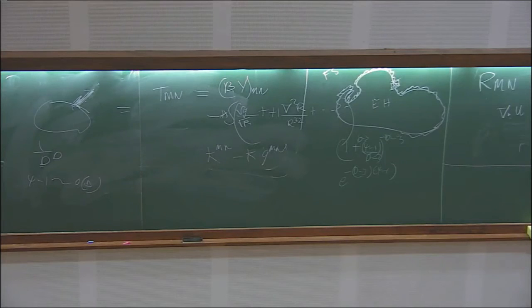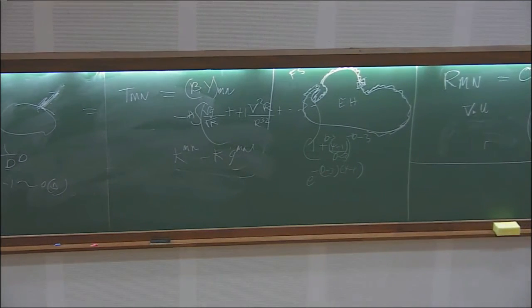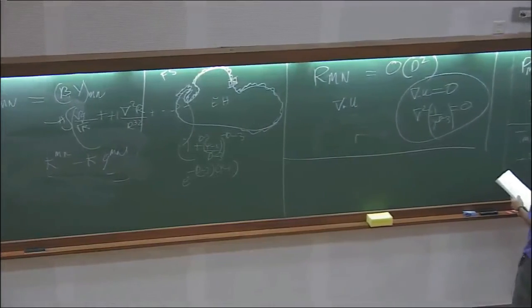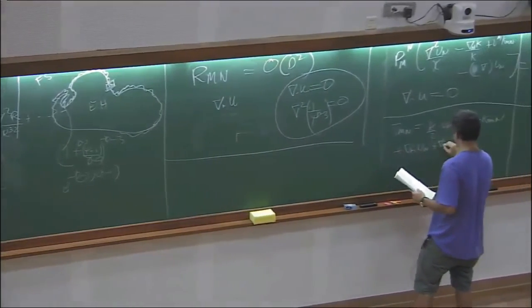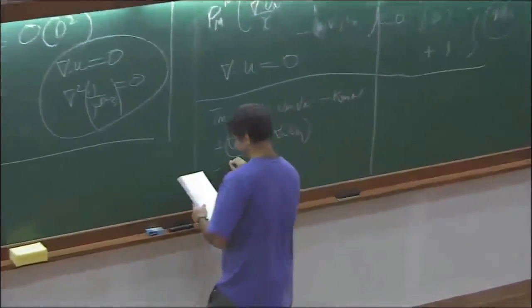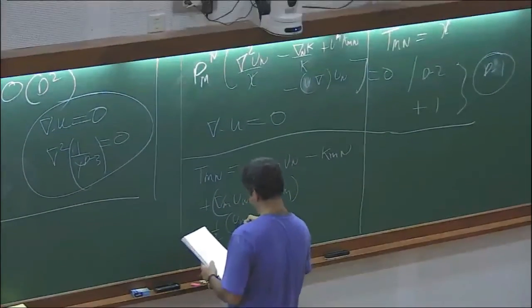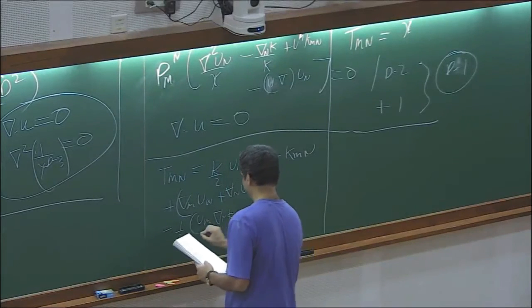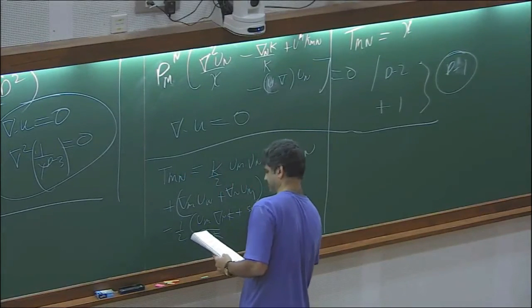Turns out that T_mn is equal to kappa by 2 u_n minus K_mn, I'm telling you about first order, okay? Del_m u_n plus del_n u_m, minus half del_n kappa by kappa, plus symmetric.